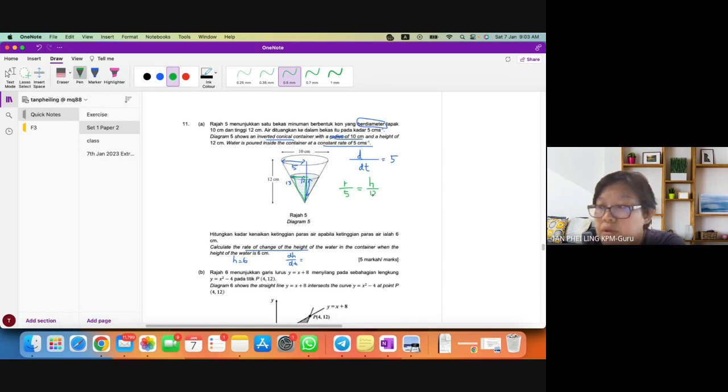Agree? Okay, so if I want to substitute, now let us come back to this one. We have a d something over dt, which gives us 5, and then they ask us to find dh dt. So my way of solving is always: dh dt is what we want to find.